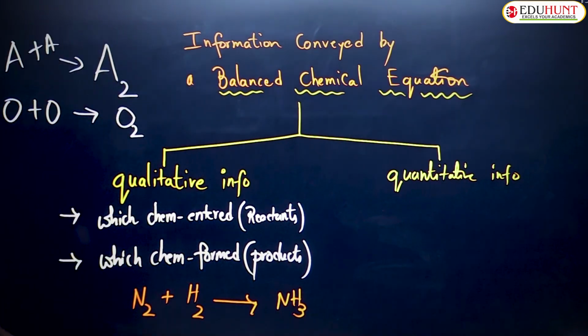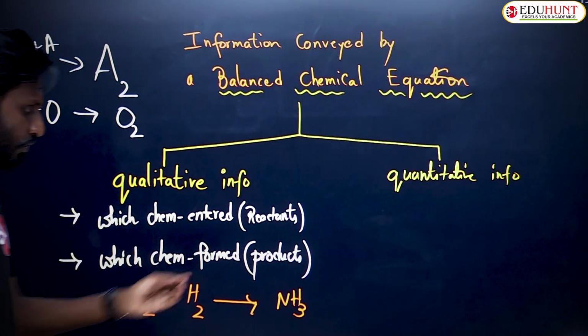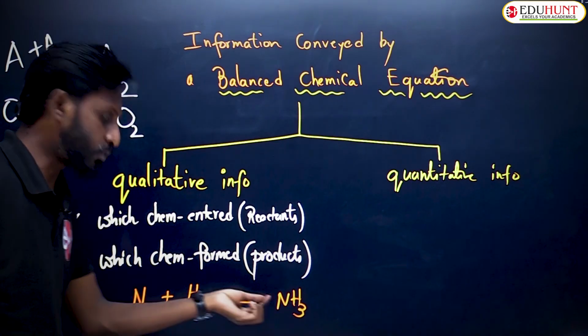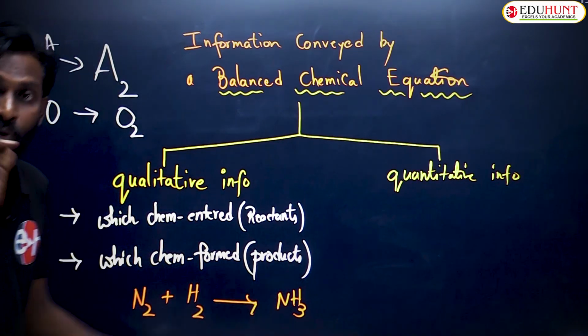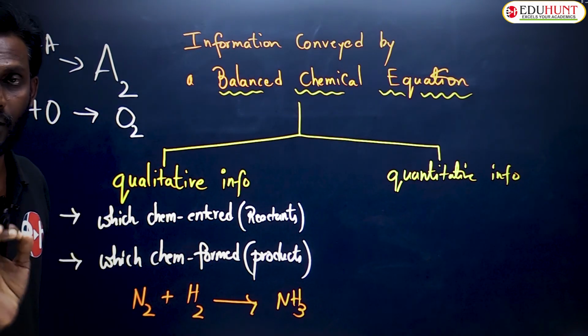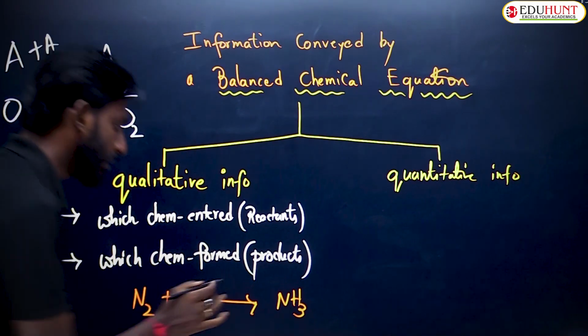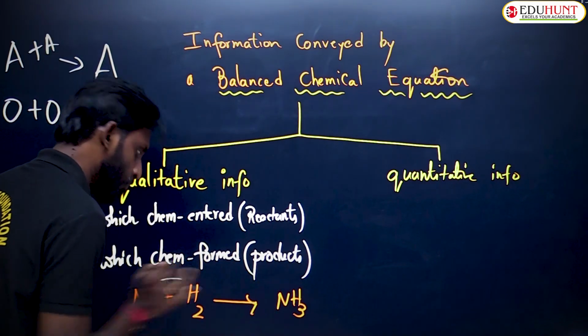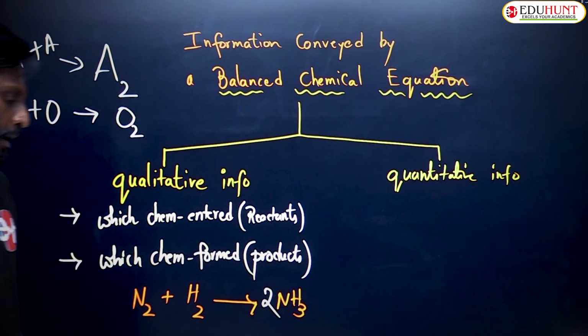Now think carefully. There are 2 nitrogen atoms, so you need to show 2 nitrogen atoms on that side. So you have to change or add or remove only coefficients to do this. I'm making 2 here.